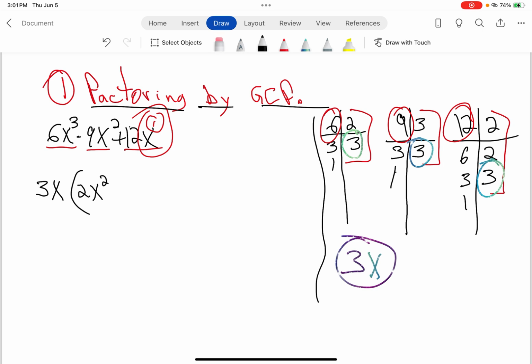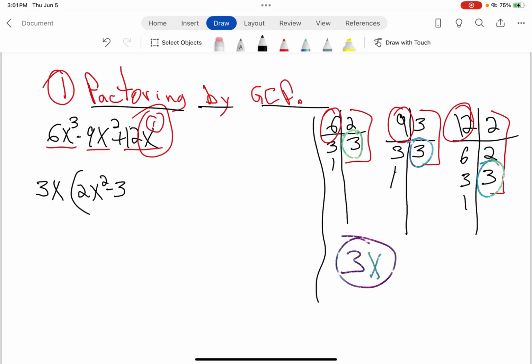Then we continue with the next term, which is minus 9. The minus, I will keep the minus. And then 9, first the number, divided by 3 is equal to 3, right? And then 3. Then x squared divided by x.